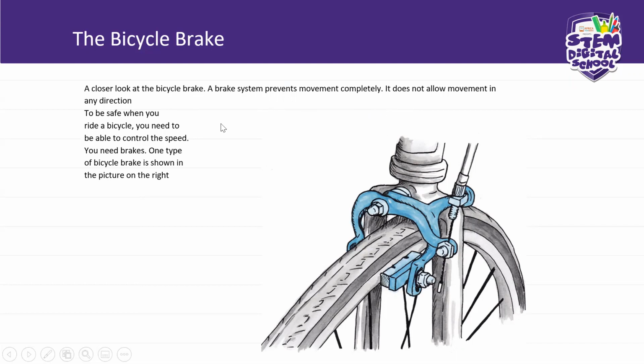To be safe, when you ride a bicycle, you need to control the speed. You need brakes. One type of bicycle brake is shown on the right. Brakes are a control mechanism.